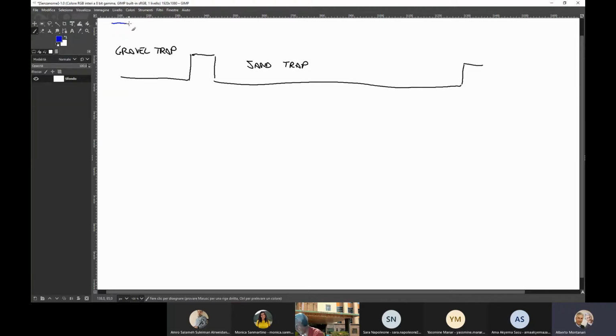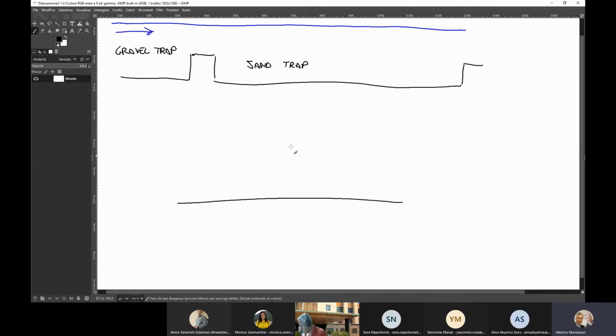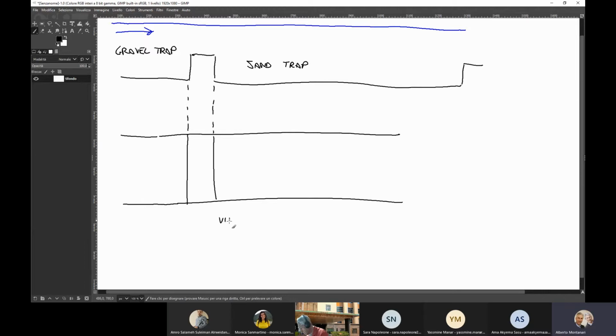Let's suppose that we have a water flow here, and water flows in this direction. If you see it from the top, what you have is something like this. This is the view from the top.